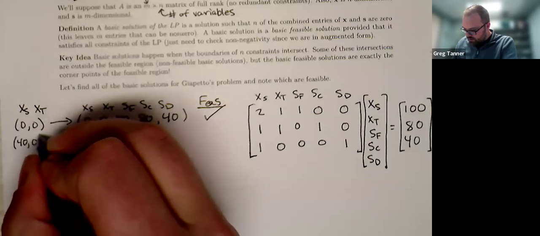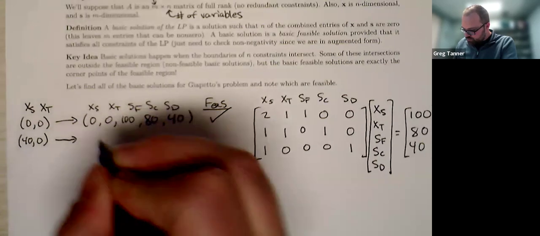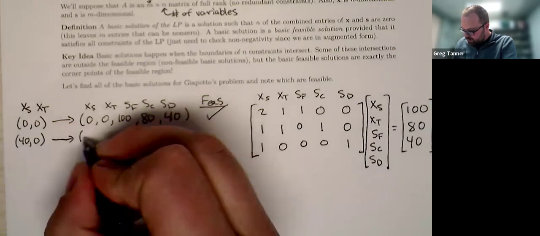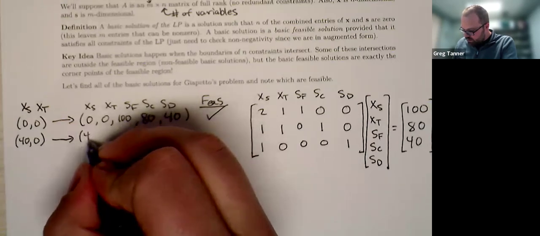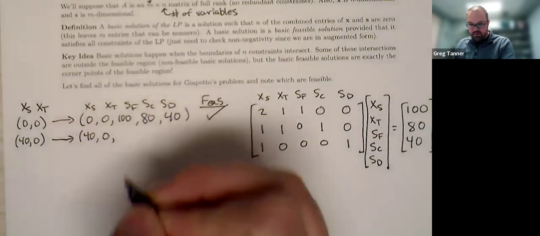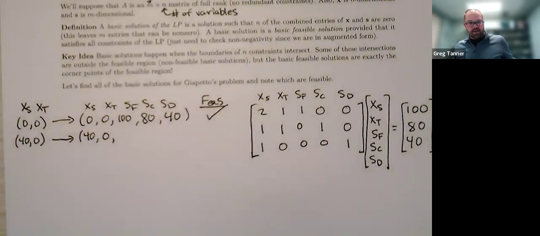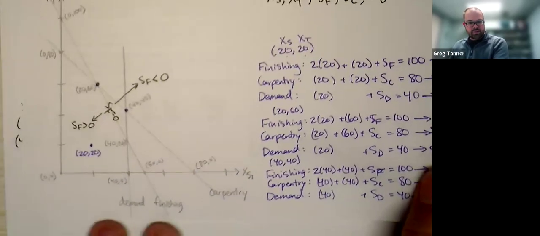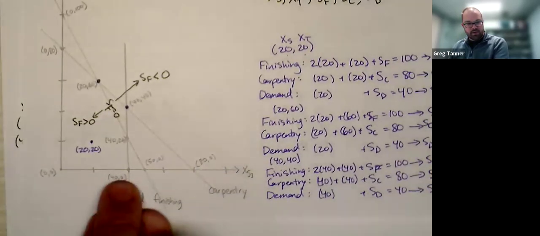So let's look at 40, 0. I'm going to plug in 40 here, 0 here, and I'm going to use a little bit of help from geometry as well. So at 40, 0, which of the other constraints has no slack?